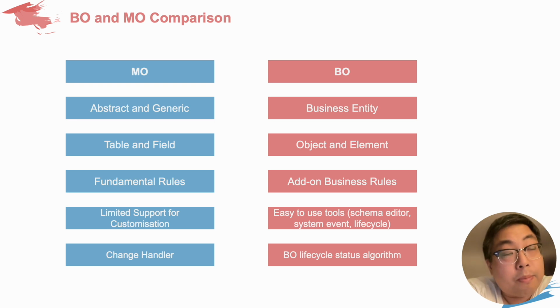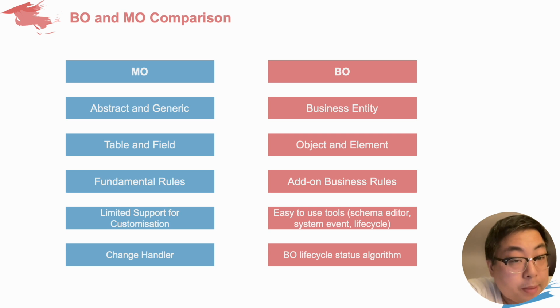And from there, we can actually see why we are saying the business object is add-on in terms of the algorithms. Okay, next one is maintenance object has limited support for customization, and the business object has tools provided, as we just discussed.